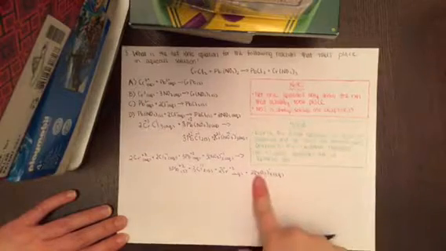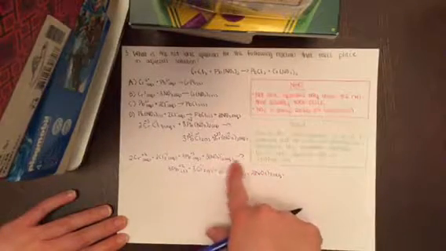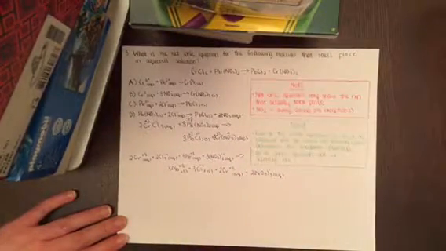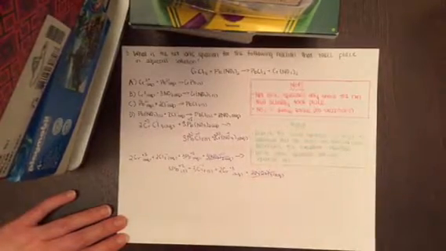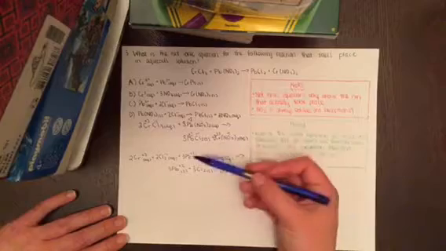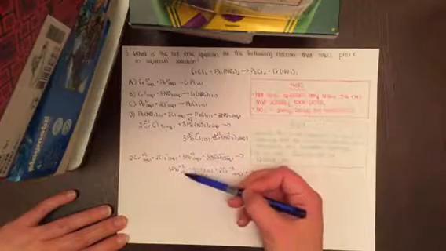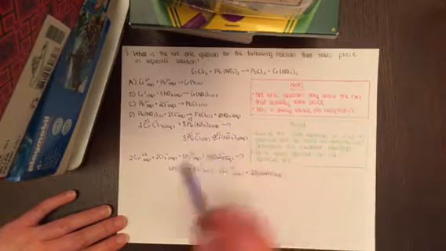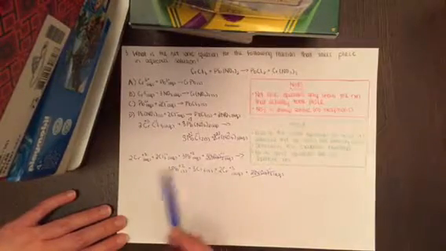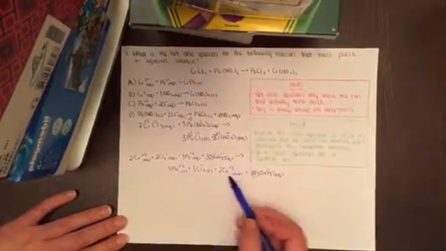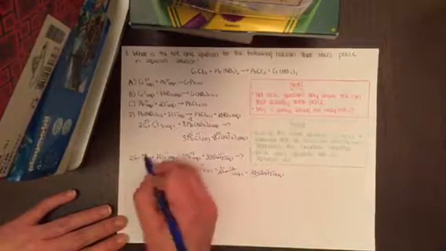Okay, so as you can see, nitrate here didn't change at all, so we can now cross that out. And this here changed from aqueous to solid, so we're going to keep that. And we're also going to keep chlorine because that changed from aqueous to solid. However, this stayed the exact same, so we'll also cross this out.